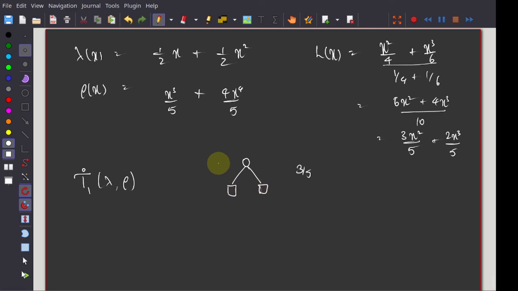Now from here onwards, I'm again picking according to lambda or rho. So I draw either 3 or 4 with probability 1 by 5 or 4 by 5. Maybe with probability 1 by 5, I pick 3 children. With probability 4 by 5, I pick 4 children.